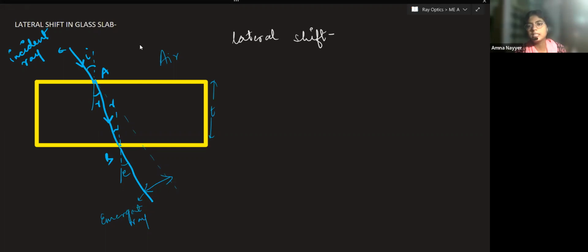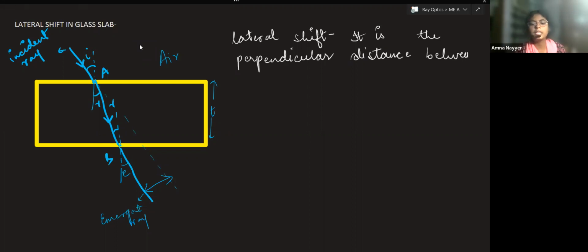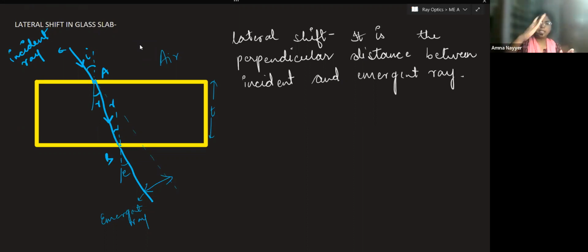Lateral shift is the perpendicular distance between the incident ray and the emergent ray. So the perpendicular distance between both of these is known as lateral shift.